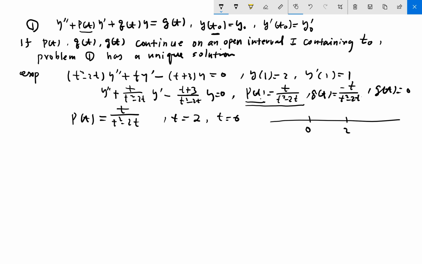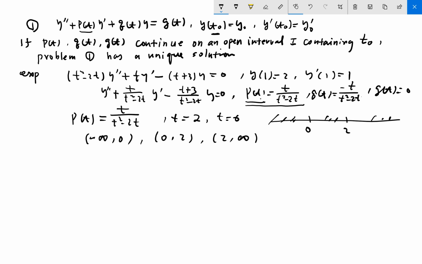In other words, p of t is continuous on the intervals negative infinity to 0, then 0 to 2, then 2 to positive infinity. It is the same for q of t, for the same reason.